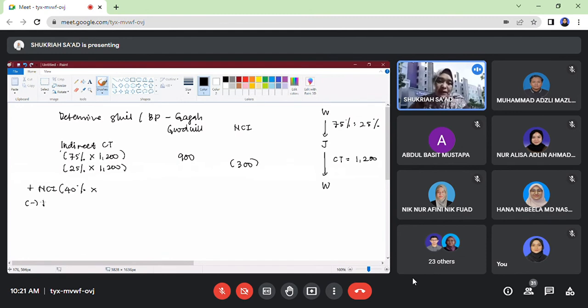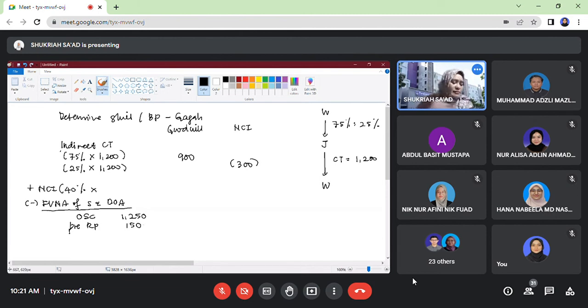We need to find out the fair value of net assets of the subsidiary at DOA. As usual, equity: ordinary share capital. Whose? Gagah. The ordinary share capital of Gagah is 1,250. Do we have pre-acquisition retained profit? Yes, the amount is 150.